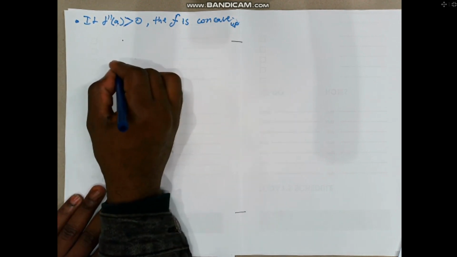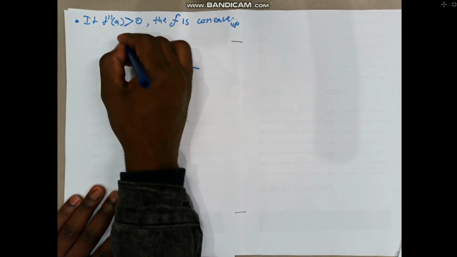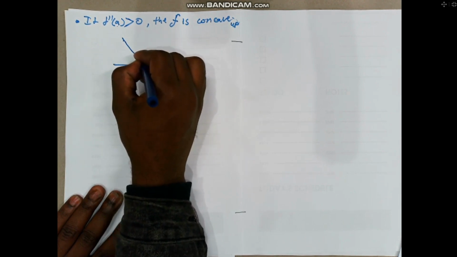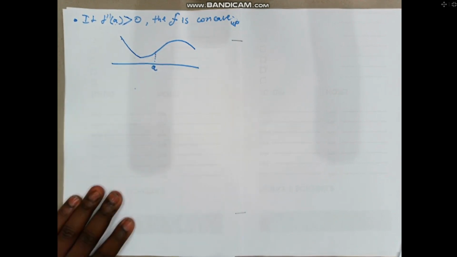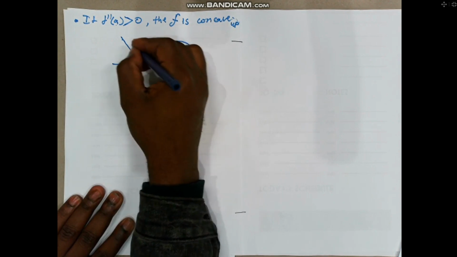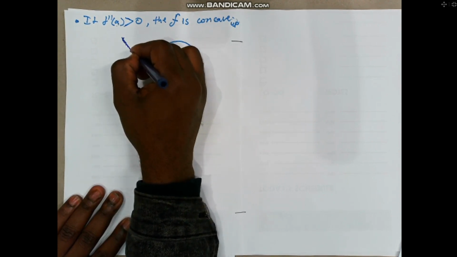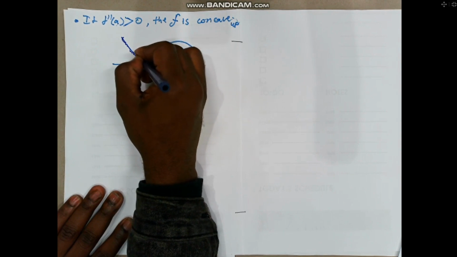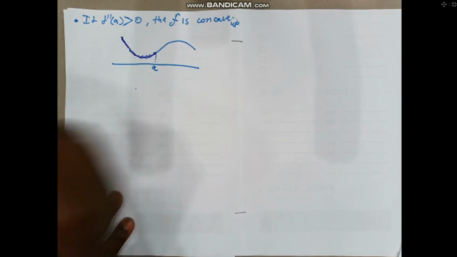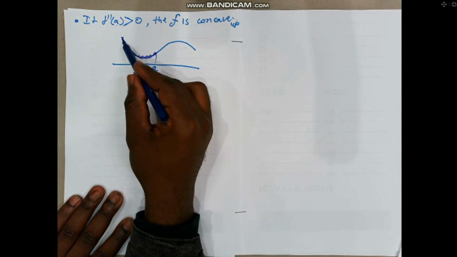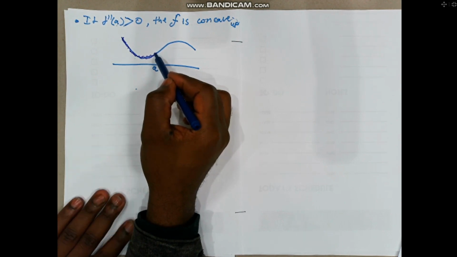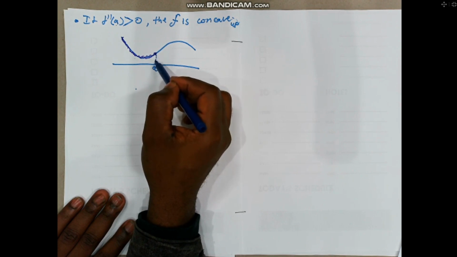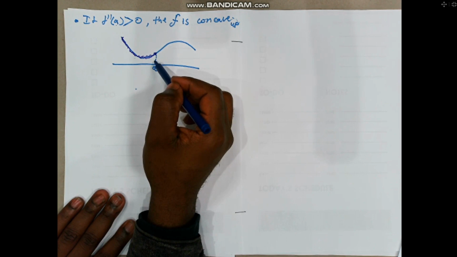Let me just do a graph here where we have a function like this. I hope you see from here to here, the second derivative at this point, point A. This is where we find our second derivative.